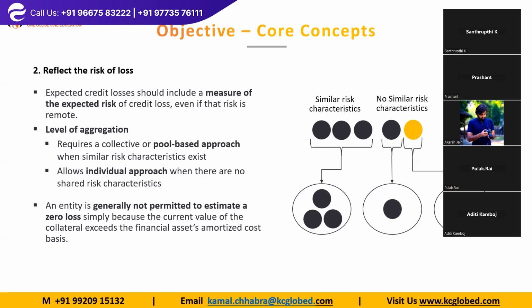If you have taken a piece of land of $100,000 and for which you have taken an $80,000 loan, the bank still needs to evaluate the credit loss if you are defaulting. It does not simply mean that if the bank has collateral security more than the face value of the loan, it should not recognize expected credit loss.